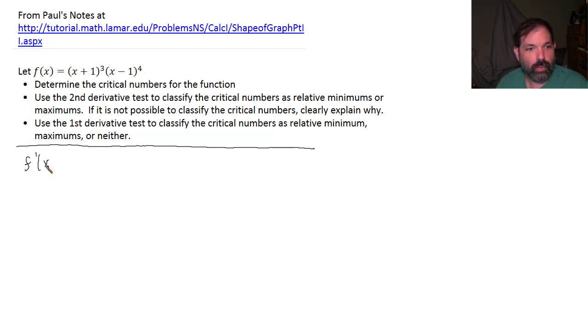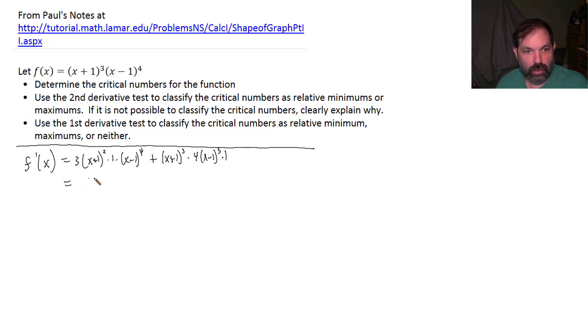So f prime at x would be 3 by x plus 1 squared by 1 by x minus 1 to the fourth, plus x plus 1 cubed by 4 by x minus 1 cubed by 1.